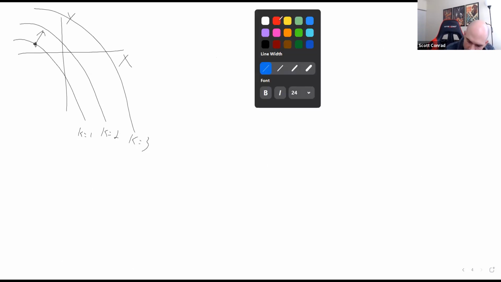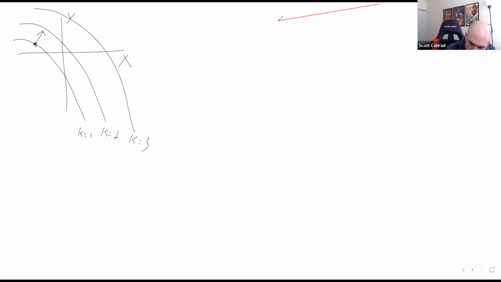So suppose this is the tangent line to the curve at the point P. Call that guy P. It's going to be orthogonal to the tangent line.